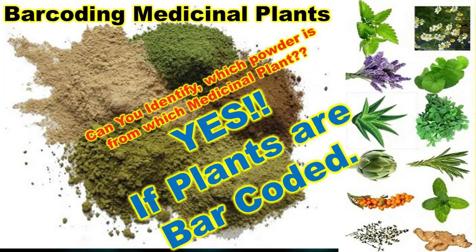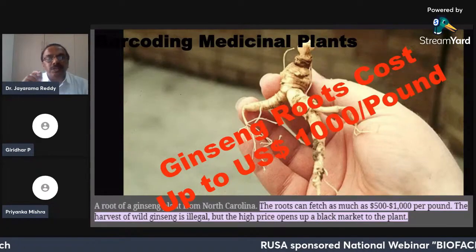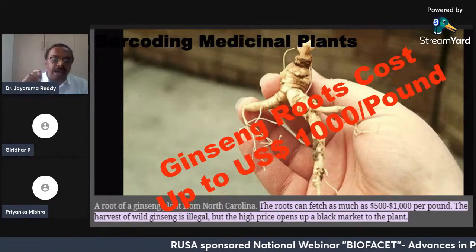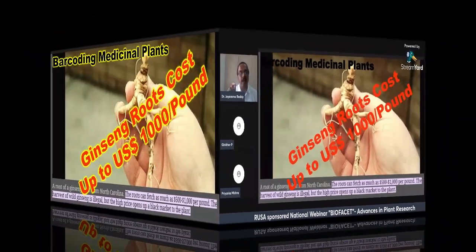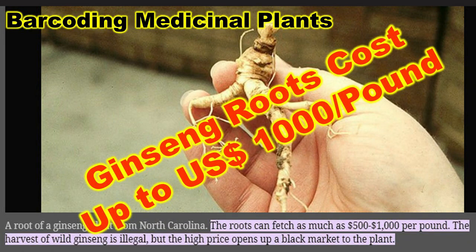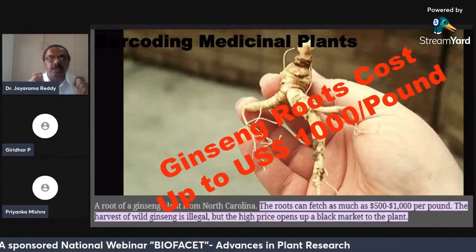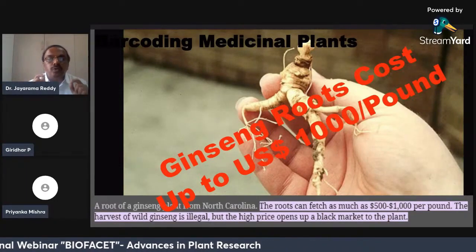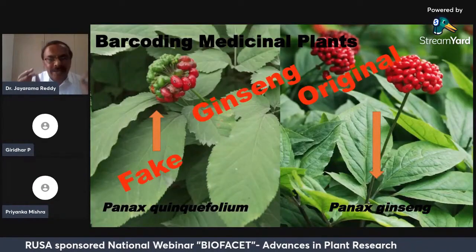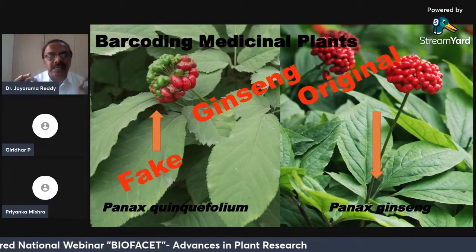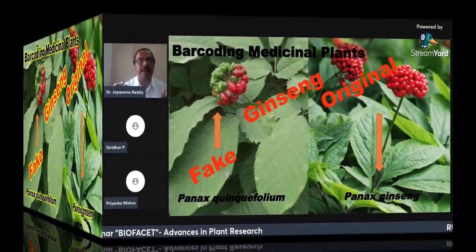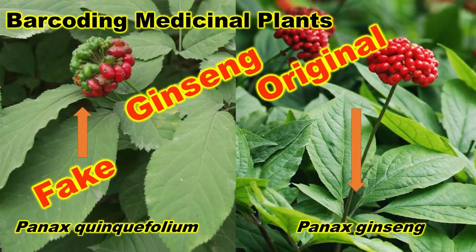Ginseng is a plant which is available only in some parts of China naturally, especially in North China. And it is highly medicinal because it has anti-aging properties. But the cost of original ginseng is 1,000 US dollars per pound. Very commonly, herbal products using ginseng are contaminated with a fake plant.